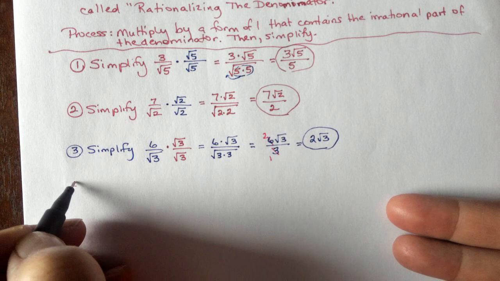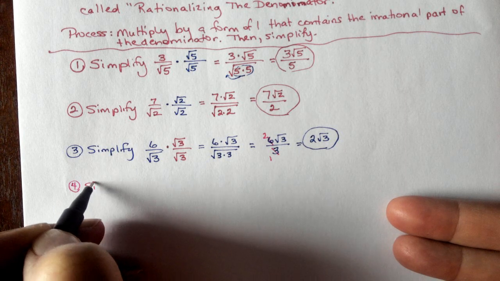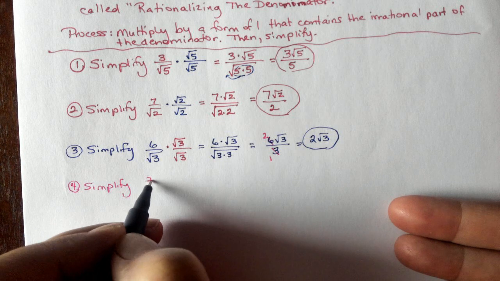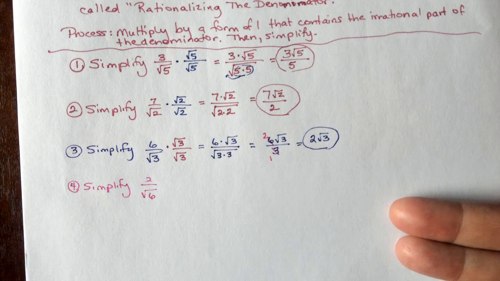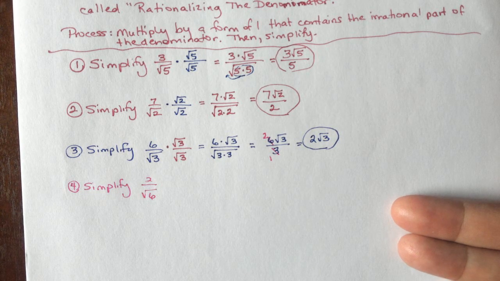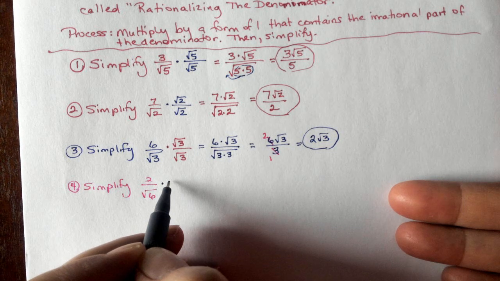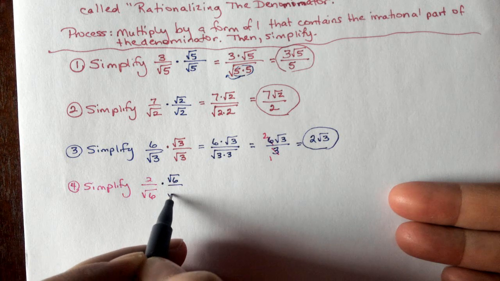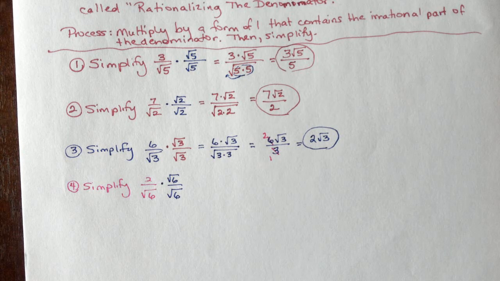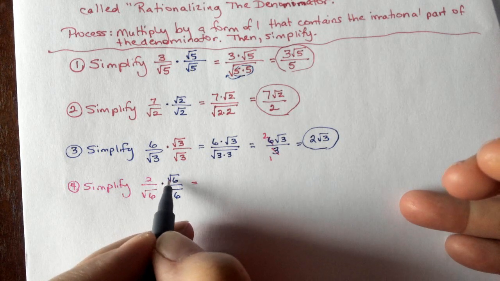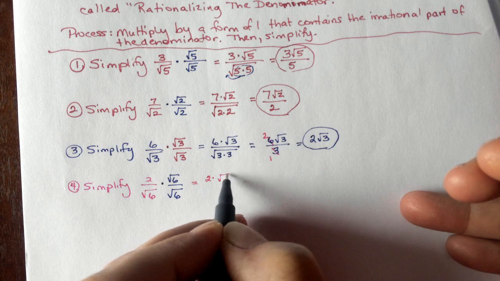Number 4. Simplify 2 over the square root of 6. Alright, multiply by a form of 1. So square root of 6 over square root of 6. And that's equal to 2 times square root of 6 on the top.